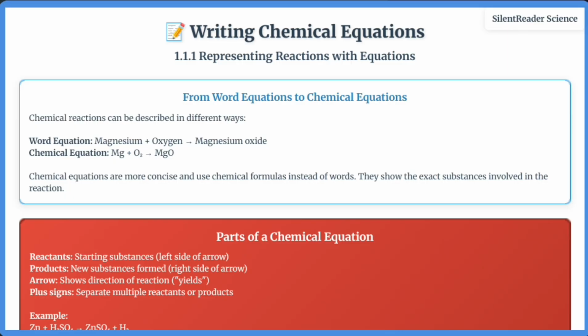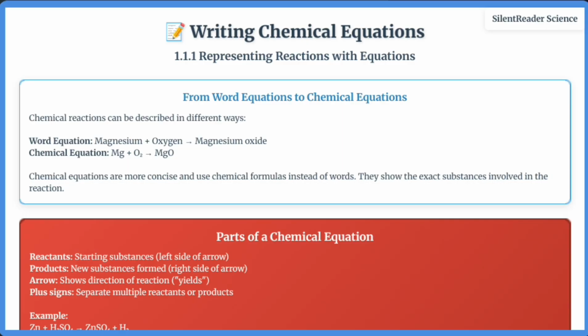Chemical equations have reactants on the left side of the arrow and products on the right side. The arrow shows the direction of the reaction, and plus signs separate multiple reactants or products. For example, zinc reacting with sulfuric acid is written as Zn + H2SO4 yields ZnSO4 + H2.